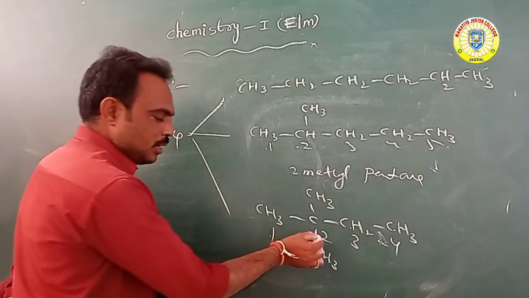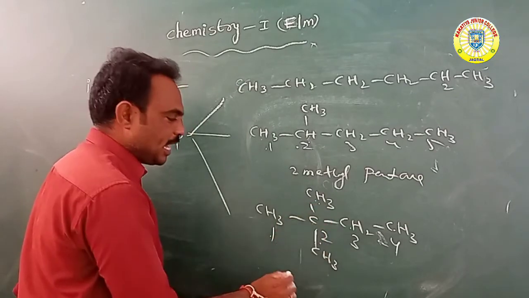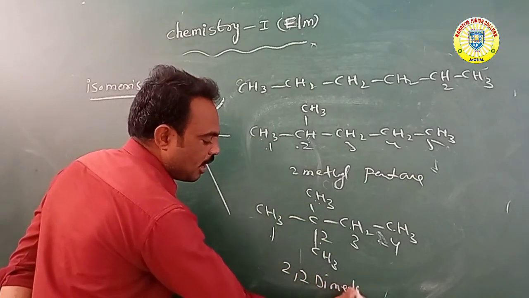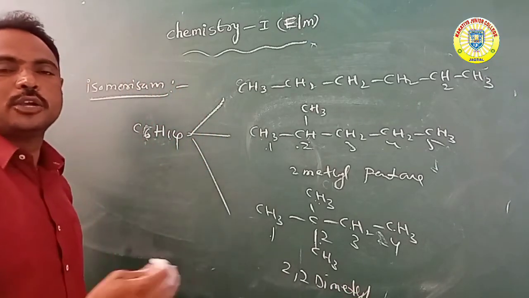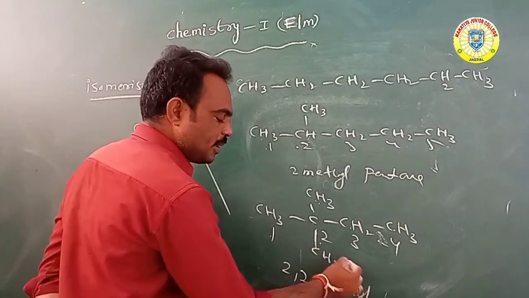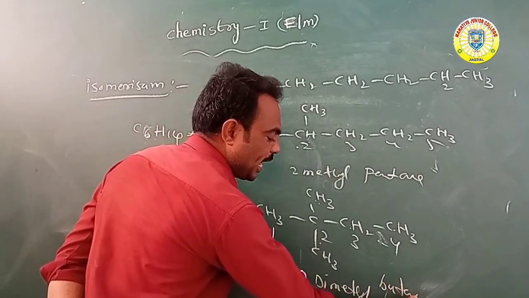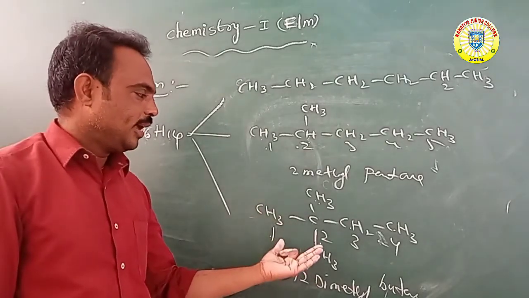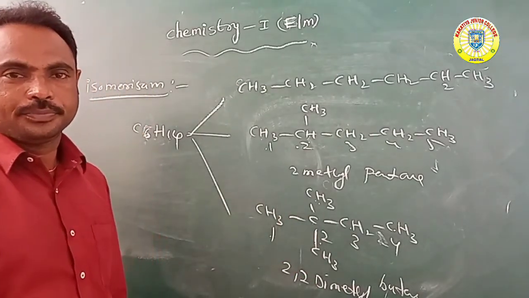The second carbon is attached with 2 methyl groups, so 2,2-dimethyl. How many carbons? 4 carbons, so butane: 2,2-dimethylbutane.